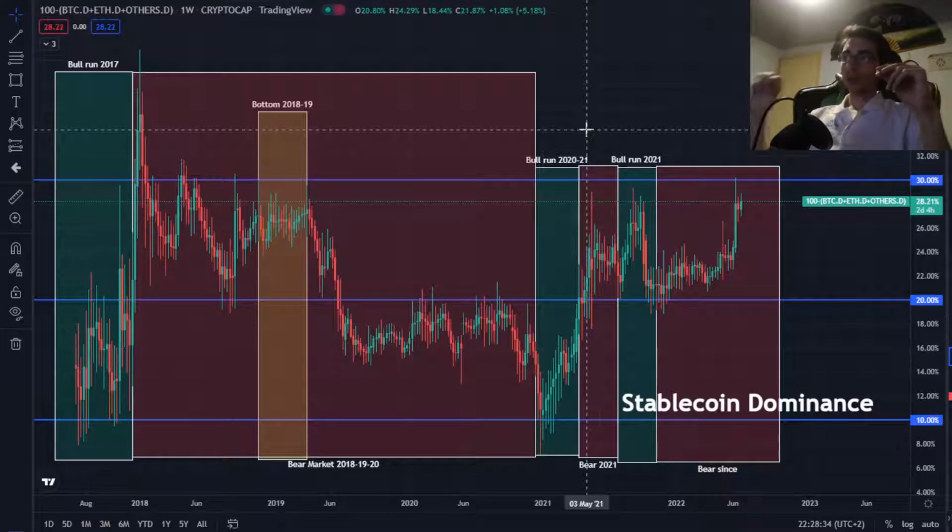So we are here assessing the difference between these two cycles.